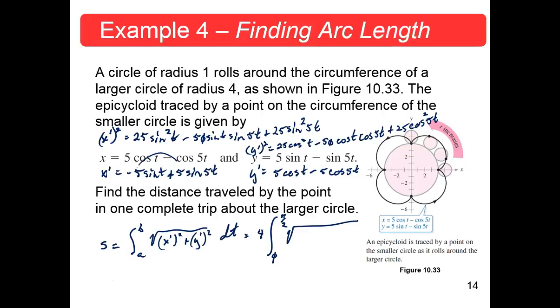The signs are flipped. I'm sorry? I think the signs are flipped because y prime is minus 5 cosine 5t instead of plus. So between the x and the y, the signs are different, from x prime to y prime. Oh, I'm sorry. You're right.